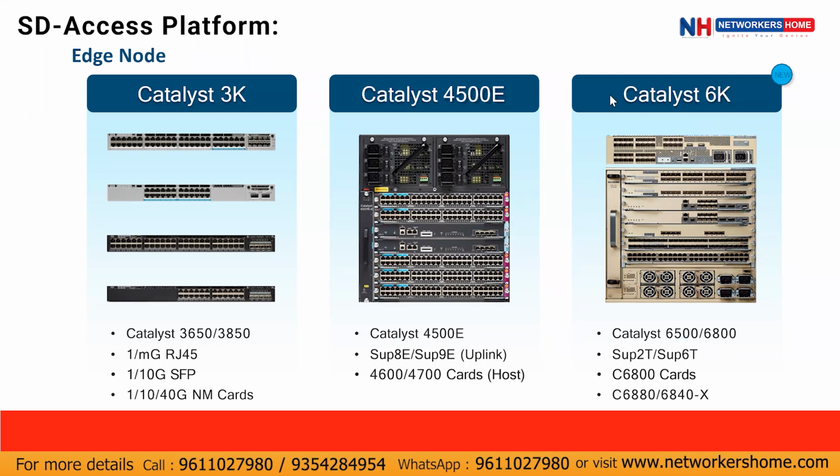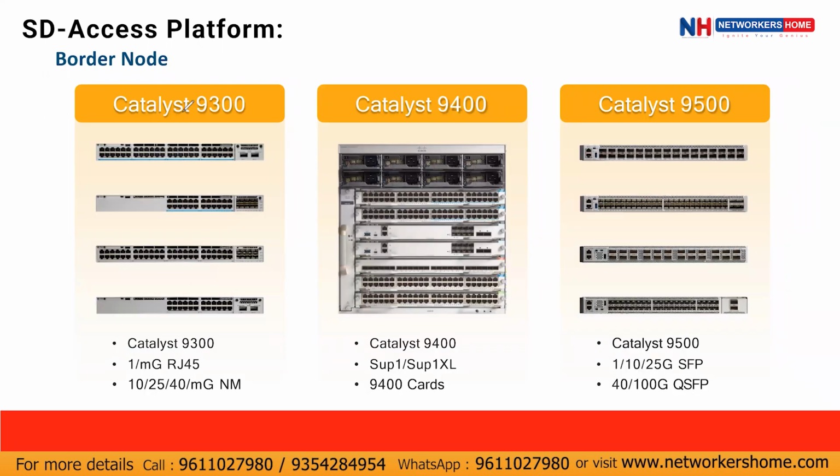Border node: the Catalyst 9300 is the same device which supports edge node functionality as well as control plane functionality. 9400, same thing. 9500, same thing. Most probably, I have worked on border nodes of 9500 because it has 10 gig and 25 gig ports to connect to the edge nodes.